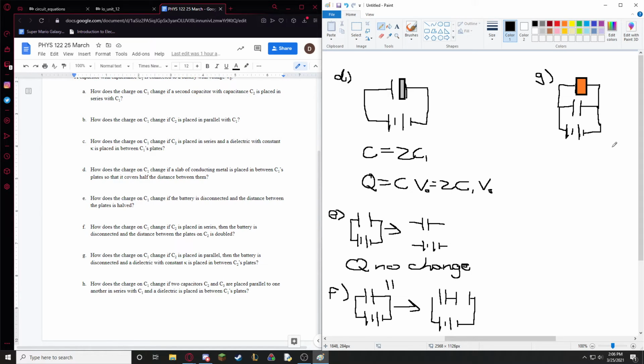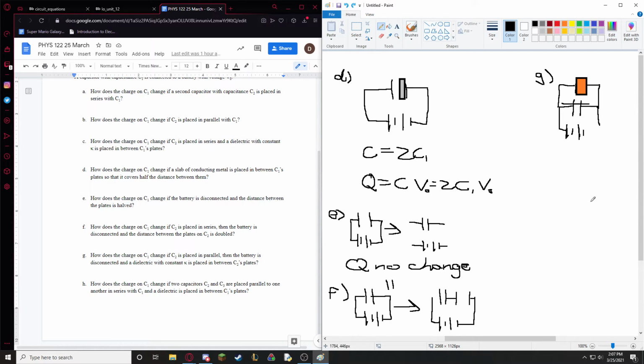When we disconnect the battery, we still have this loop here. Before, if we draw our loops from left to right across the capacitors, the voltage drops are both the same. In this case now, if we draw a loop, we go left to right across C1, so we lose V0. We go the opposite way across C2, so we gain V0, and it's still a net 0 voltage. Right?